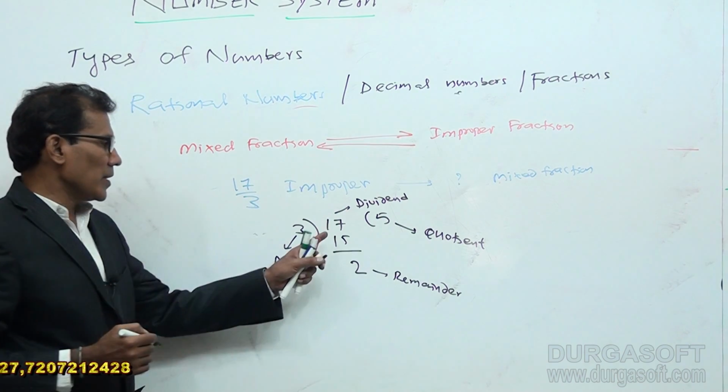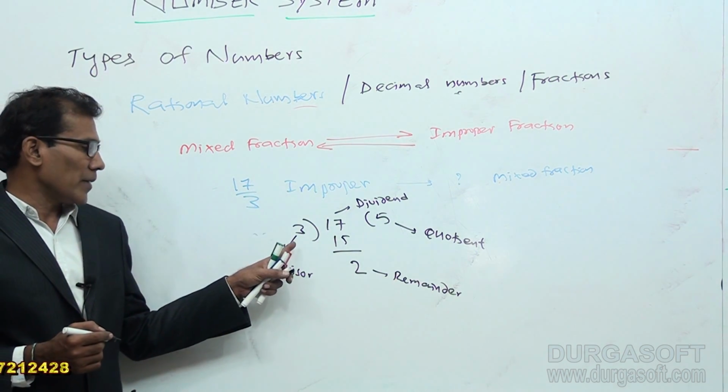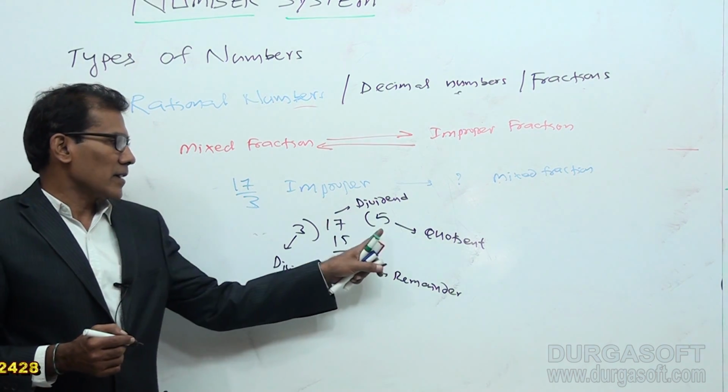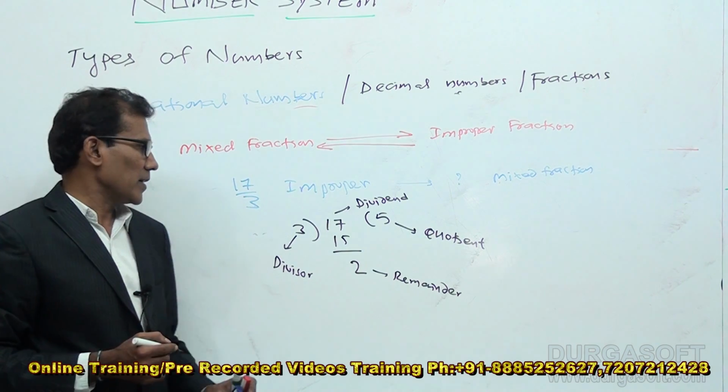The number which we are dividing is the dividend. By which number we are dividing, it is the divisor, and the result is called the quotient, and whatever is left at the end is the remainder.